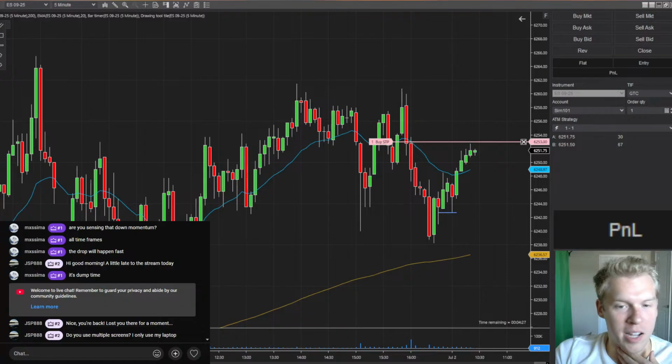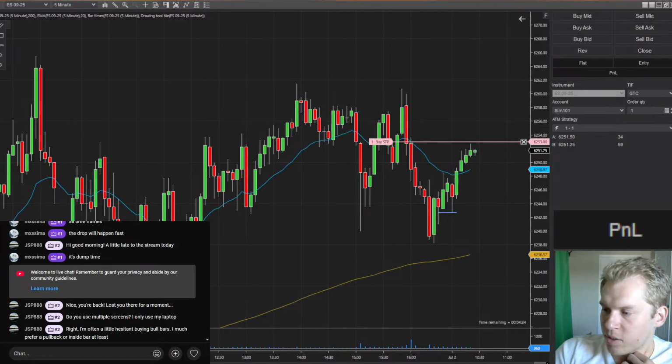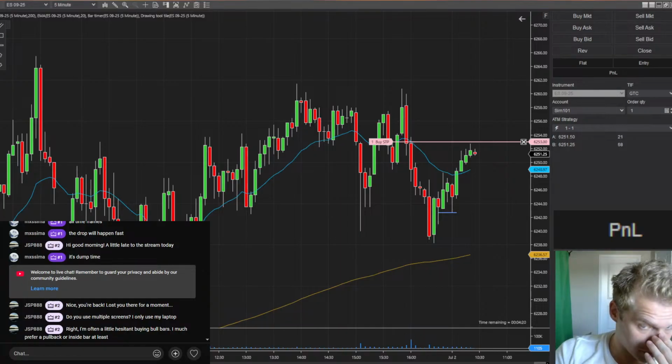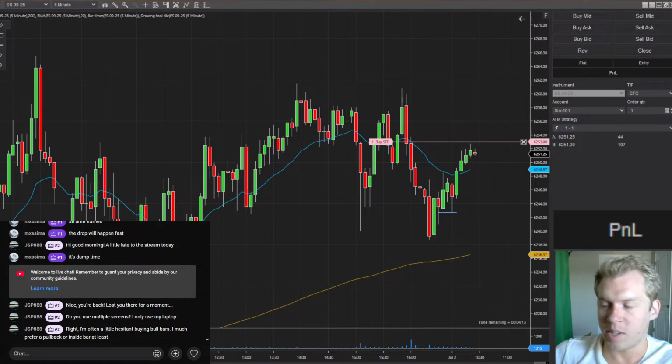Yeah, I have two screens, two monitors, and it's a big help with streaming, but I don't know if it's causing issues with my computer. It shouldn't. It's a good computer. It's kind of annoying that I'm having these issues.